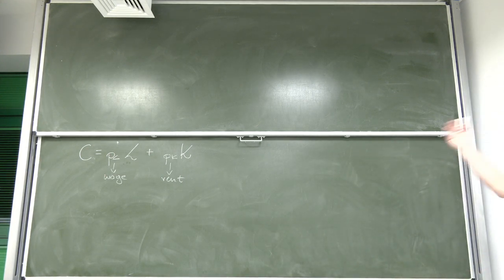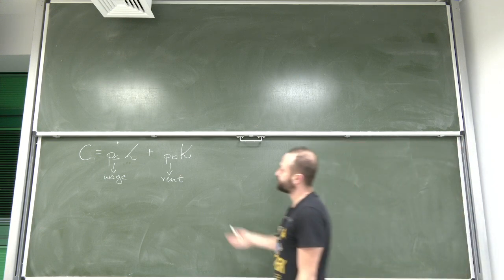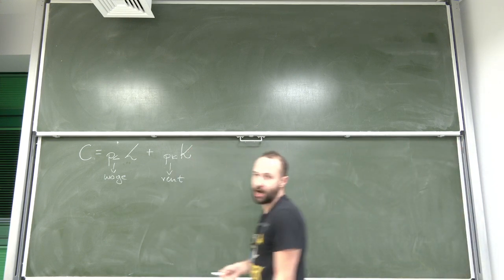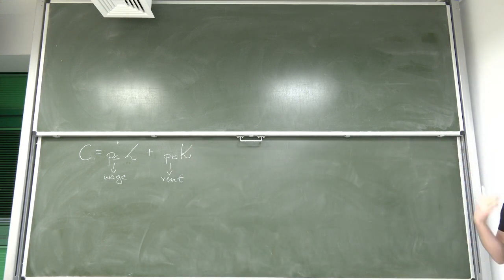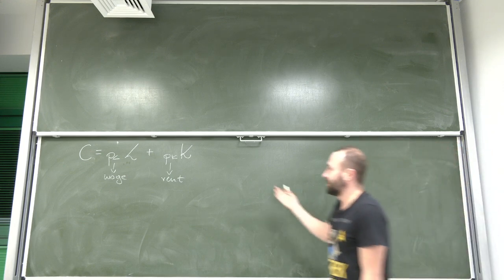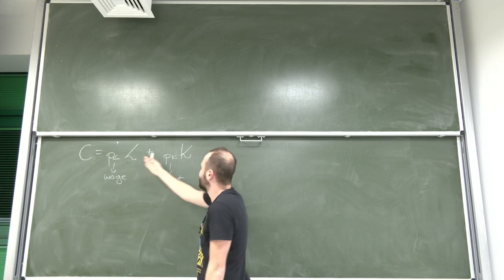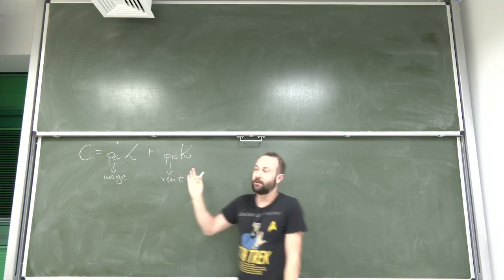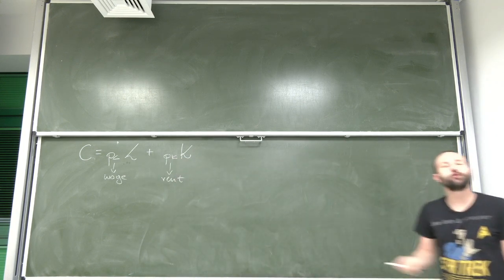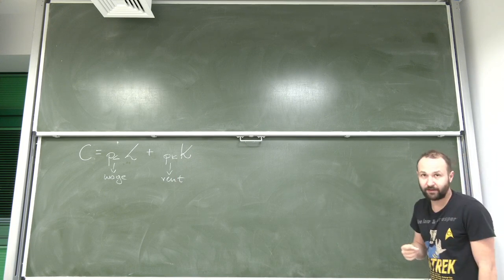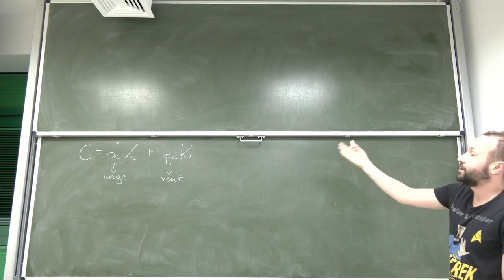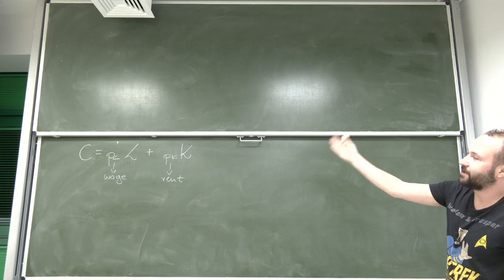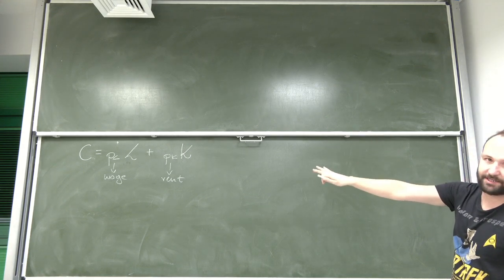And of course, as this is the cost, our entire job is going to be to minimize. However, of course, if we wouldn't use any capital or any labor, we wouldn't have any cost, but we also wouldn't have any production, right? So this is something that we need to minimize, right?